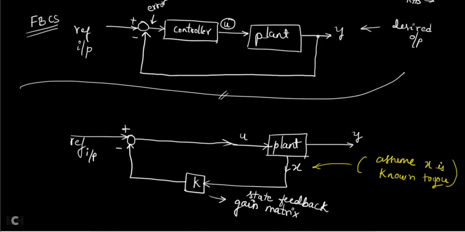Now let us call this reference input R, and this is the state variable X, multiplied by K, the gain matrix. At the output of K, you are going to get K into X. This K into X is subtracted from the reference signal R, and that output is given as U. This U is the input to the plant, and the plant will produce whatever output you require.